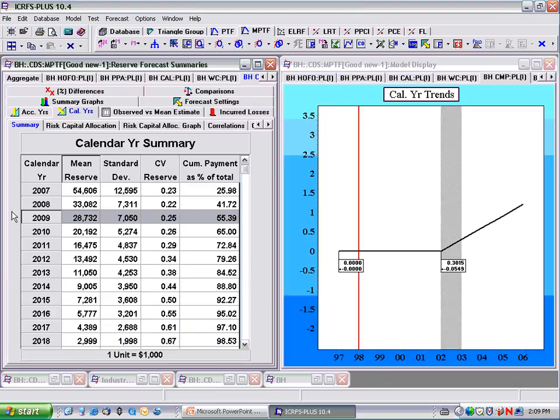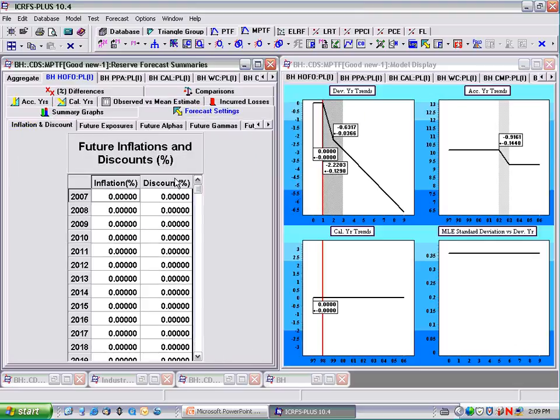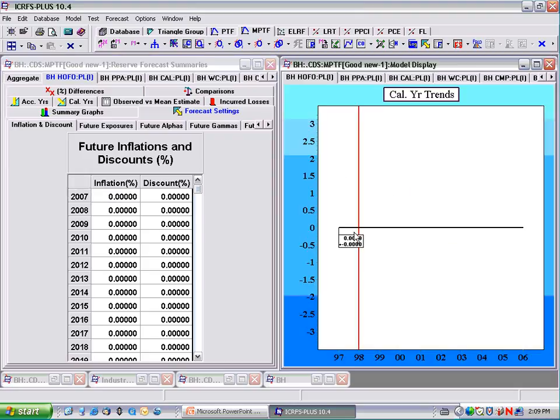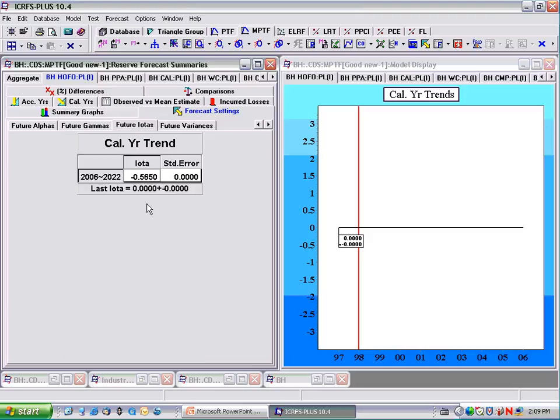So for instance, if I go to the HOFO and I look at forecast settings, for HOFO, the calendar year trend is 0. But when we conducted our forecast, we assumed that the future calendar year trend is actually minus 56%.